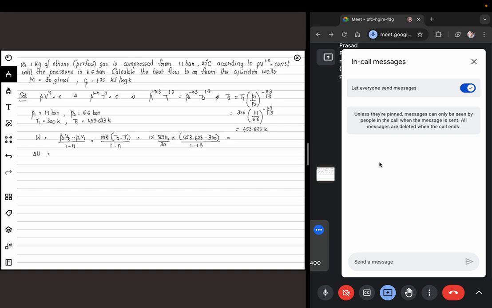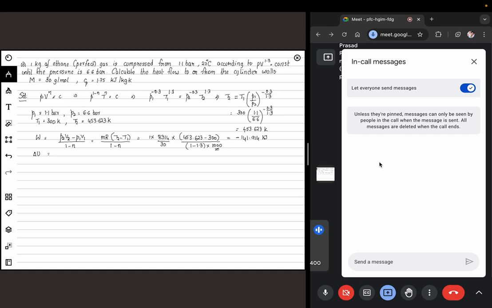Just divide it by 1000 so that you will get kilojoules. This is just for unit conversion. This is the work done.